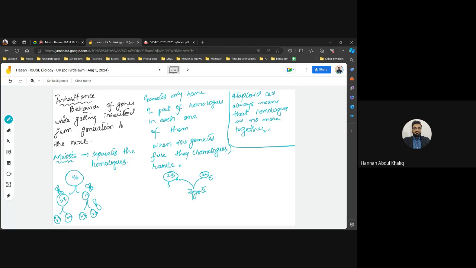It means 23 homologs are combining with the other 23 homologs, but now with different allelic combinations than their mother and father.